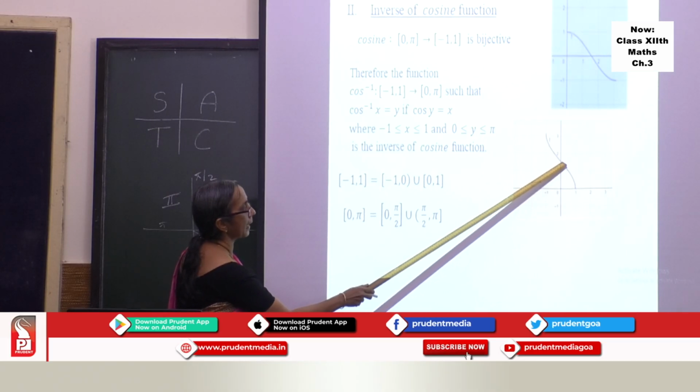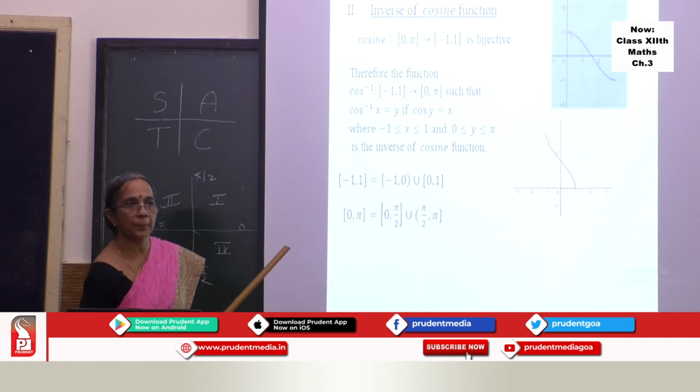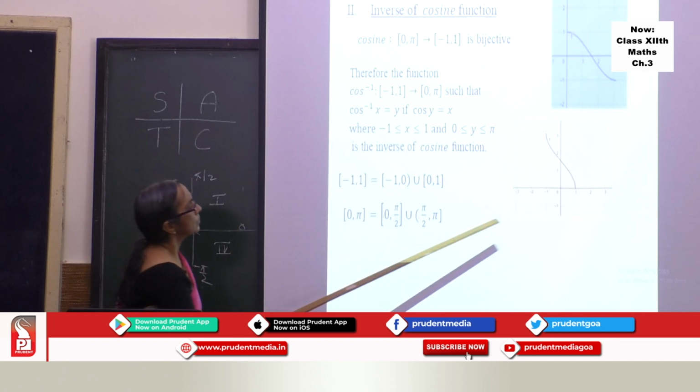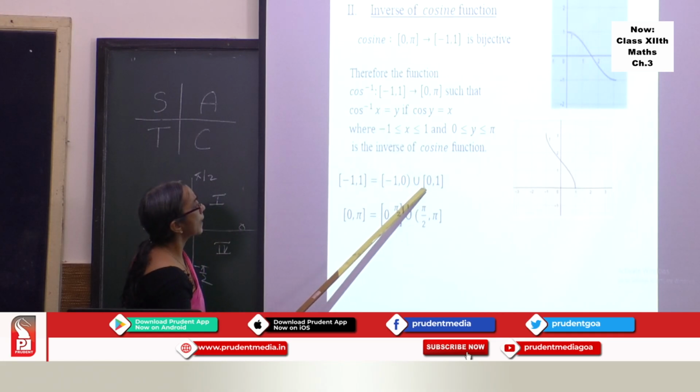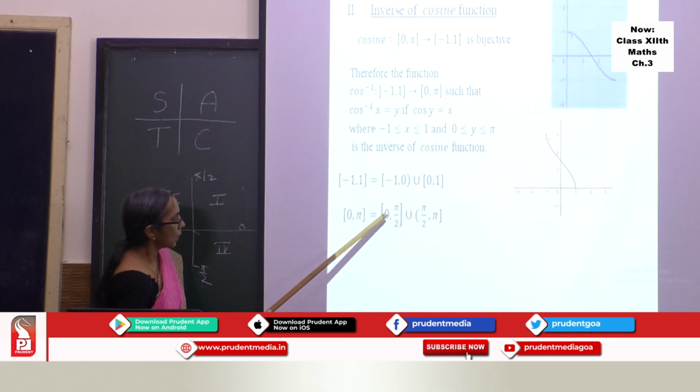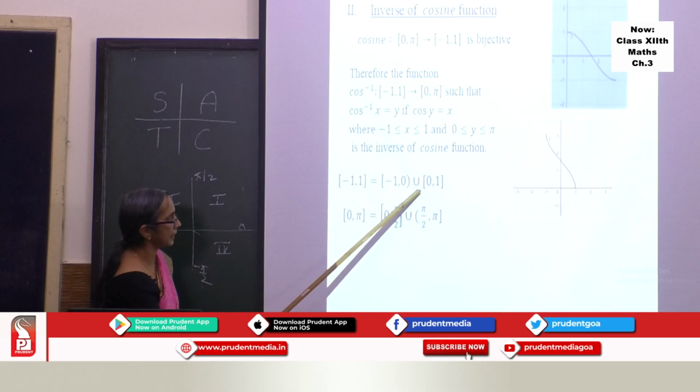This is pi by 2, approximately 1.57. So, if it is a value between 0 and 1, cos inverse lies here like this.